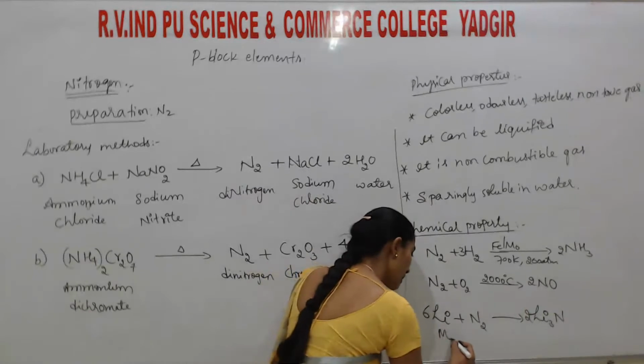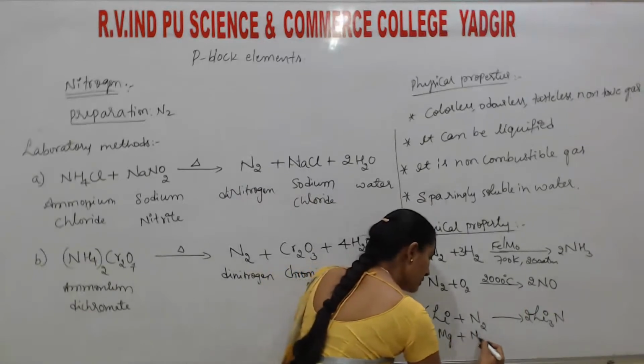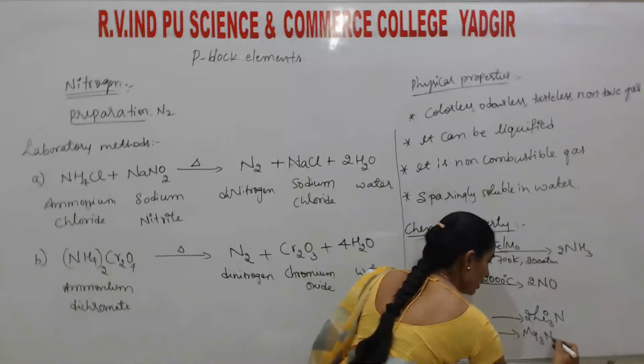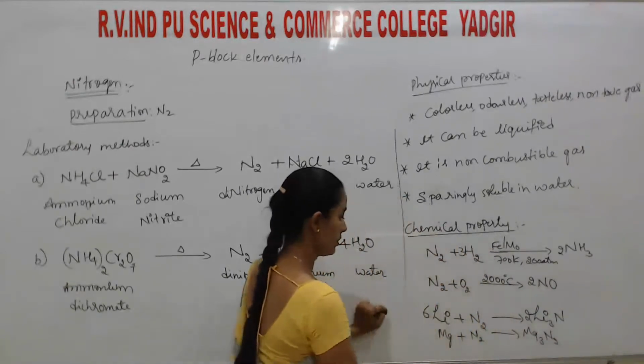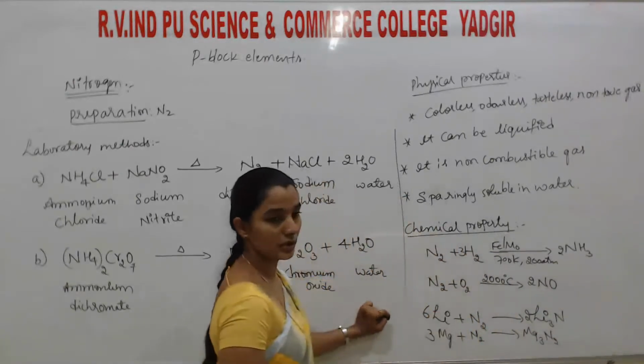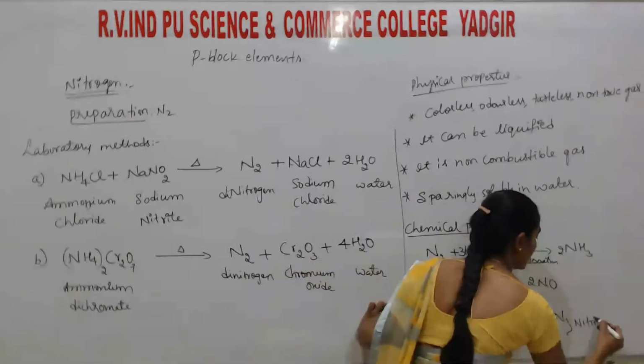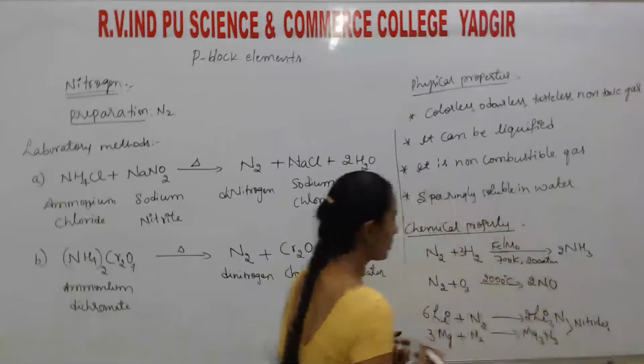Another one is magnesium, which will also form Mg3N2: 3 Mg plus N2. So these form nitrides. These are the chemical properties of nitrogen.